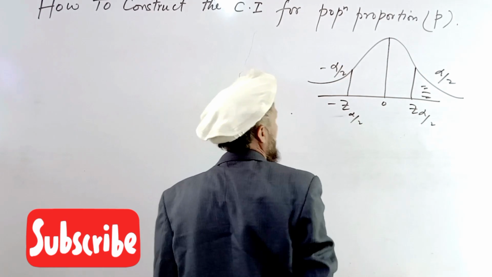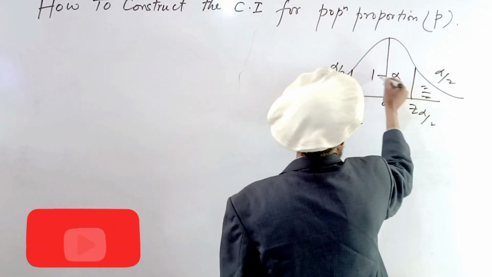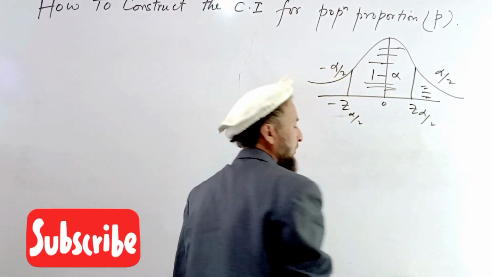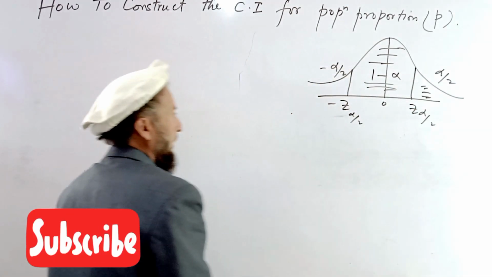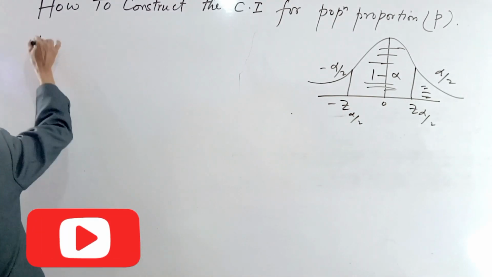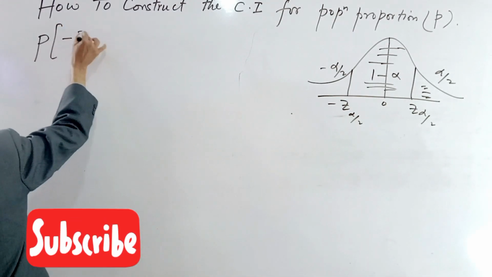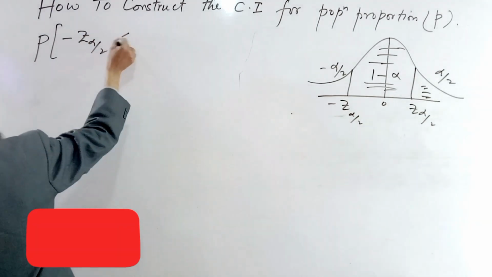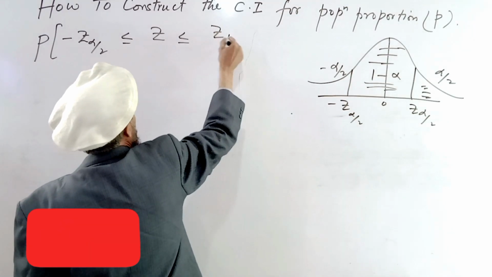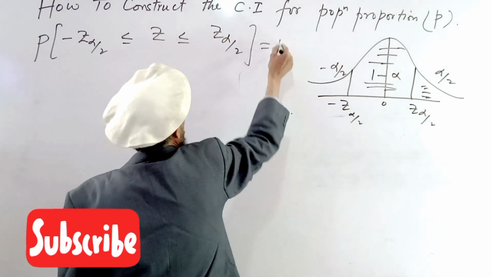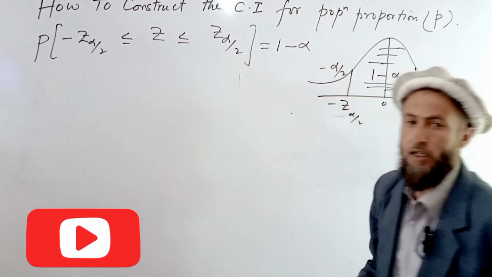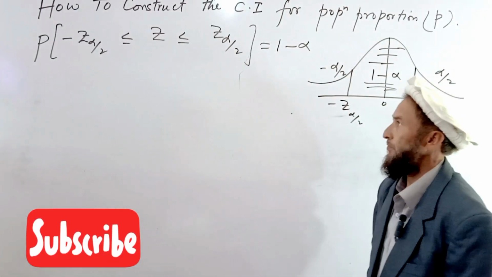This is the negative side, and the whole area is 1 minus alpha, which is called the confidence coefficient. So the probability of minus z alpha by 2 less than or equal to z less than or equal to z alpha by 2 is equal to 1 minus alpha. 1 minus alpha is called the confidence coefficient.